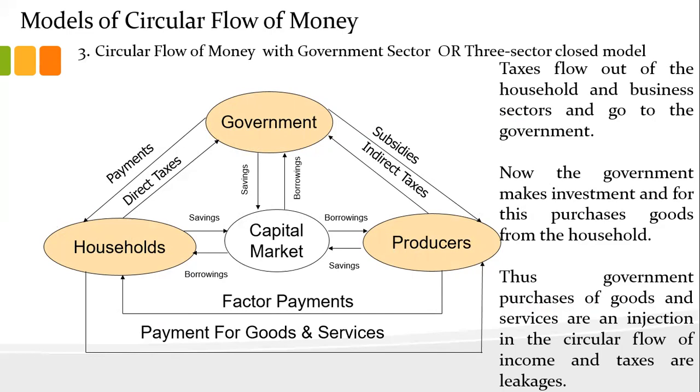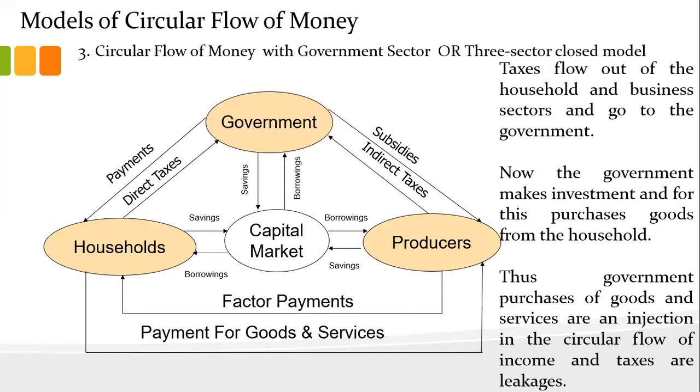The government sector makes investment, and for this purchases goods from the household. Government also has some holding with the producers, some investment government also does, and in household sector also they purchase services from households. Which kind of services? Cooks are there, cleaning staff is there, gardeners are there.